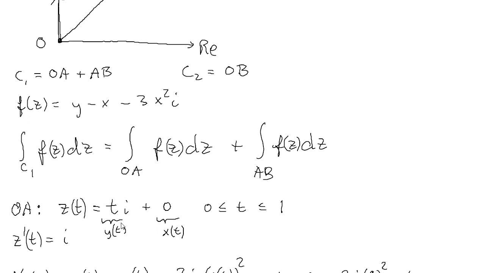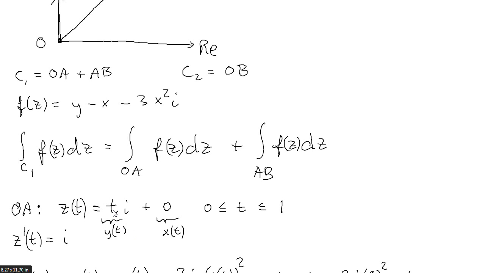This z of t may be chosen to be 0 from O to A in the x direction, and we can choose it, for example, to be equal to t in the y direction, or the imaginary part of this function z.